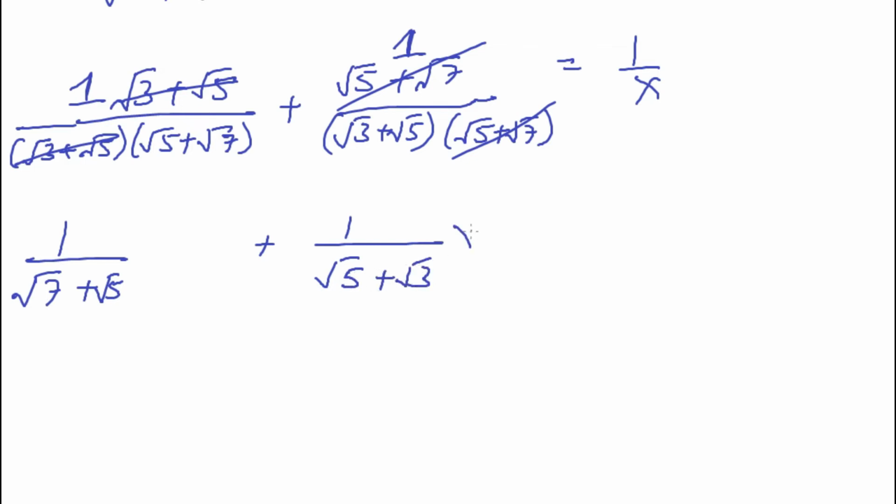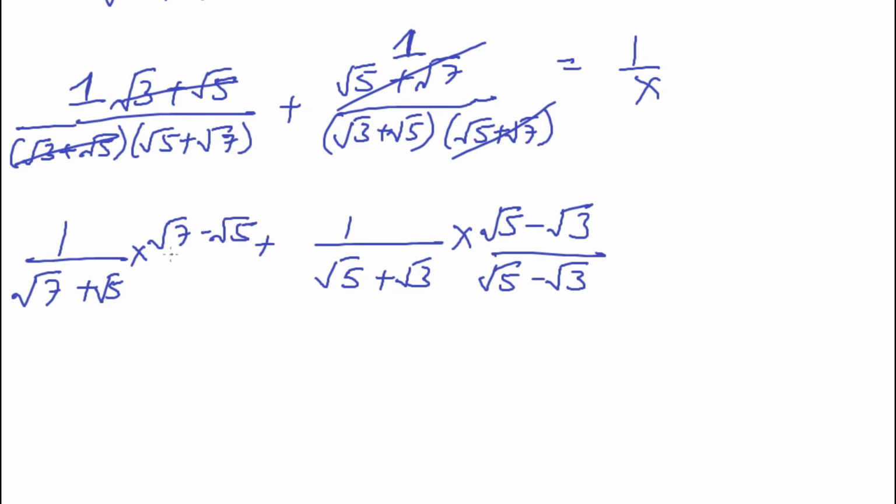When we rationalize this stuff, multiplying by the conjugate of this, so root 7 minus root 5, you are learning new words with me, conjugate, right? If you really know what conjugate is, please comment in the comment section.